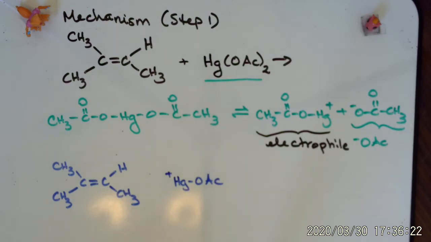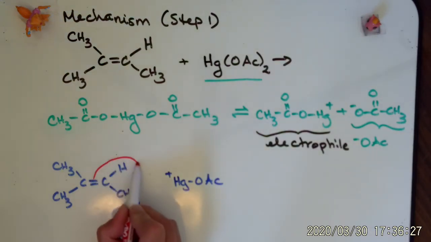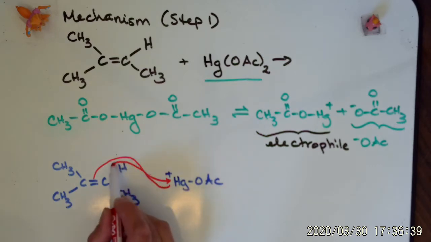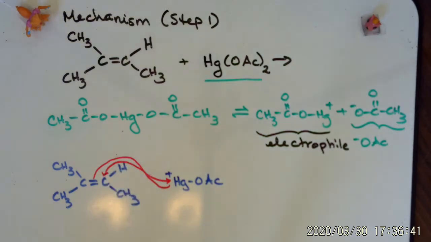Now my 2 electrons from my pi bond attack my mercury. But what happens is when these 2 electrons go into the mercury, it can actually come back and attack that cation. So this is what happens.